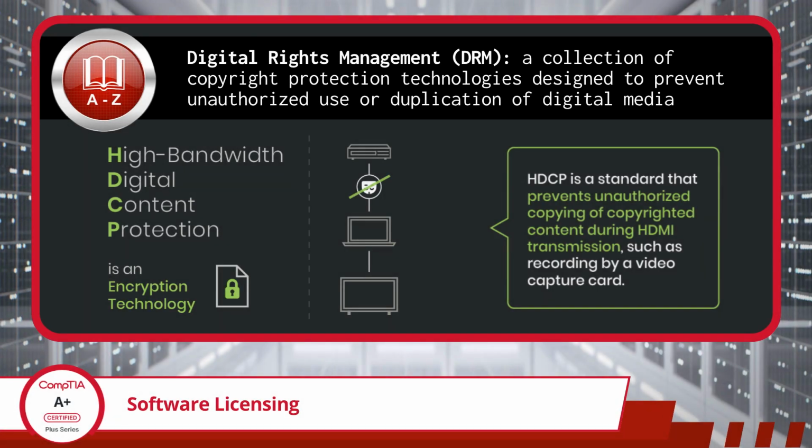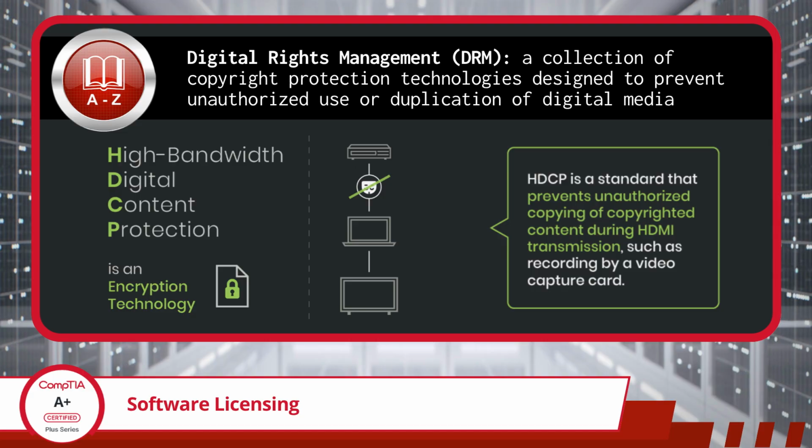If the EULA establishes the rules, Digital Rights Management, or DRM, acts as the enforcer. DRM refers to a collection of copyright protection technologies designed to prevent unauthorized use or duplication of digital media. DRM is commonly used with software, movies, music, video games, and streaming services. One example of DRM is HDCP, which stands for High-bandwidth Digital Content Protection.